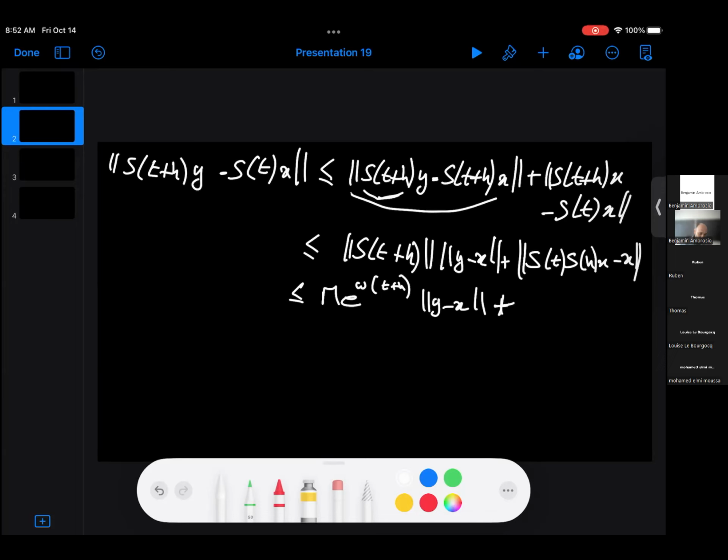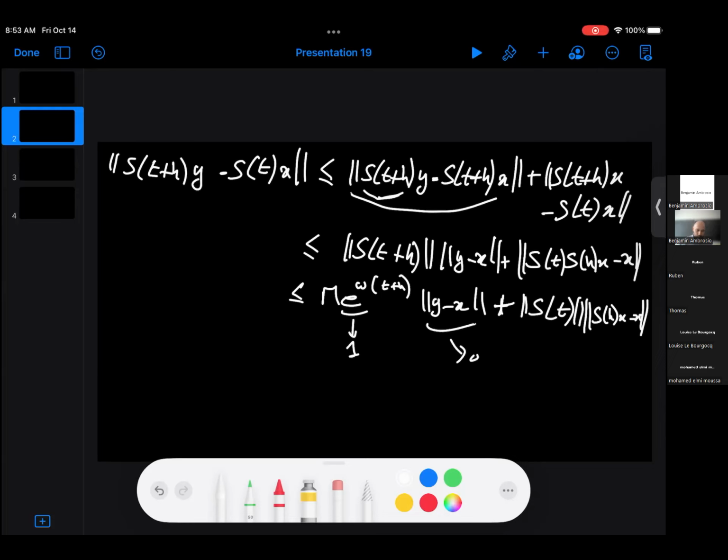Plus the norm of S(T) applied to S(H)X minus X. So this converges to 1 as H and Y converge to 0 and X. This converges to 0.